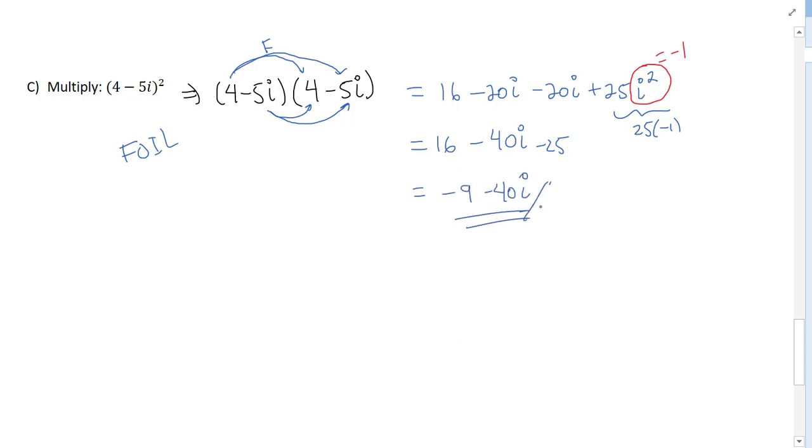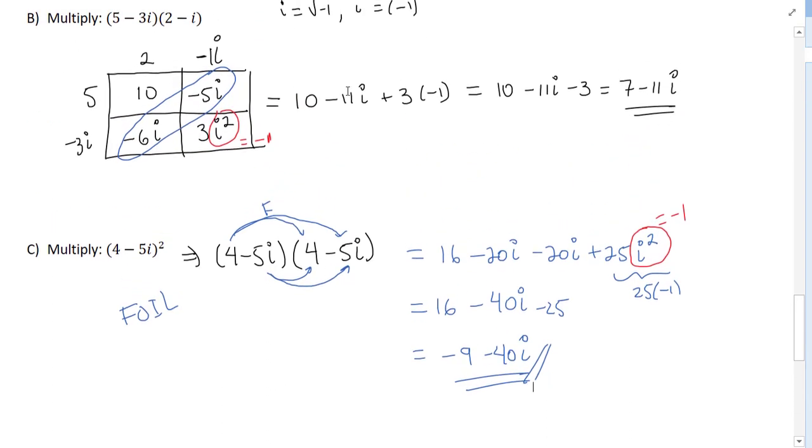So this will be the answer for this. So be careful about not forgetting that middle term. Don't just square each of the terms. The quantity squared means you have to separate it using FOIL, or if you are a fan of the box method, as I am, do the box method.